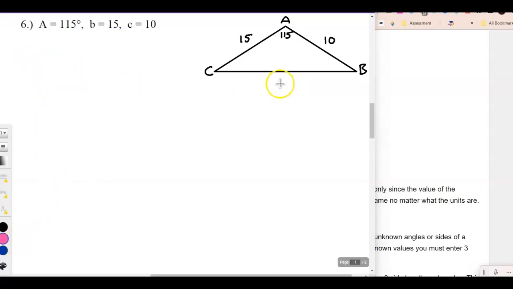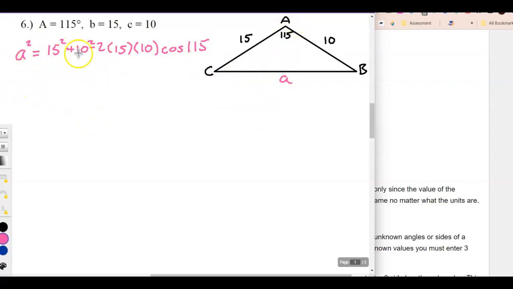I'm going to find side A. So for the law of cosines, I'm going to have A squared equal to 15 squared plus 10 squared minus 15 times 10 times cosine of 115. You can see why I chose to solve for A, because I have that angle here.